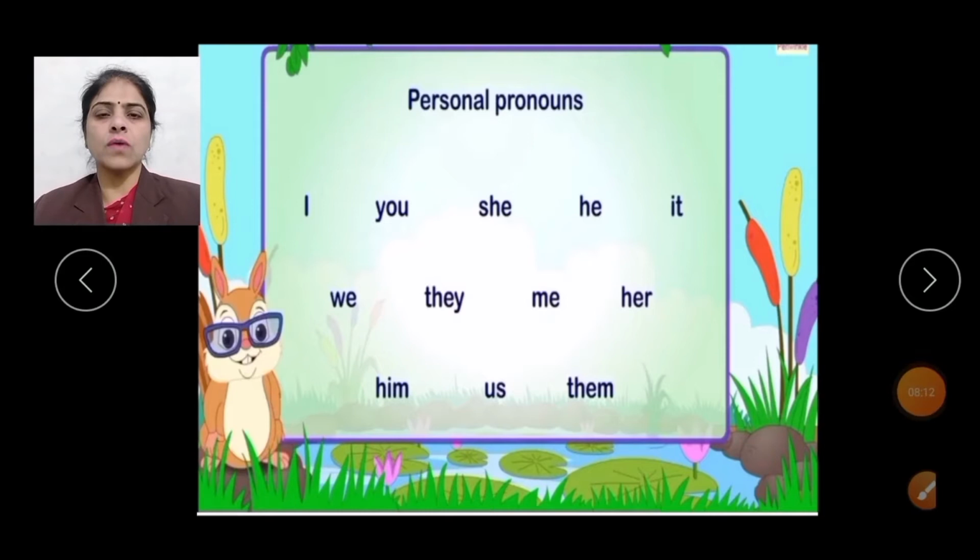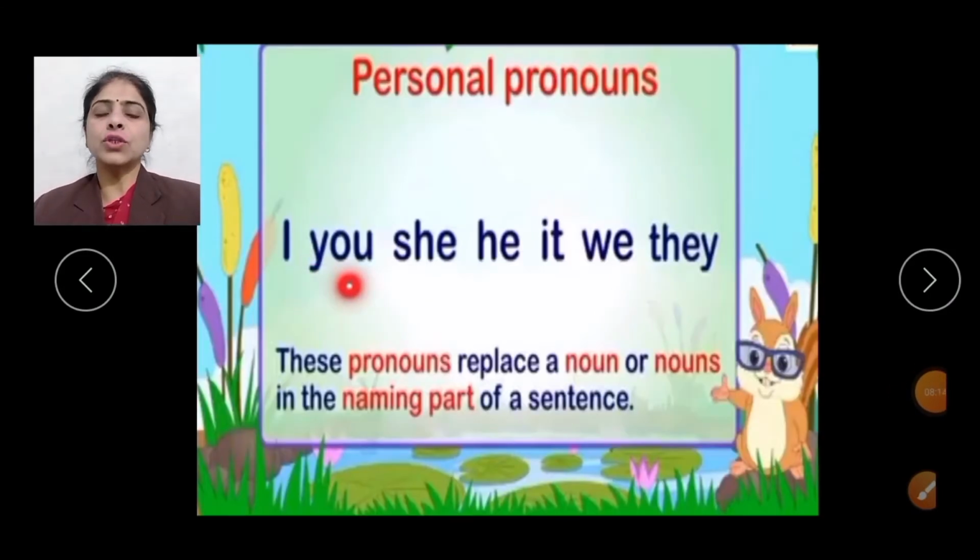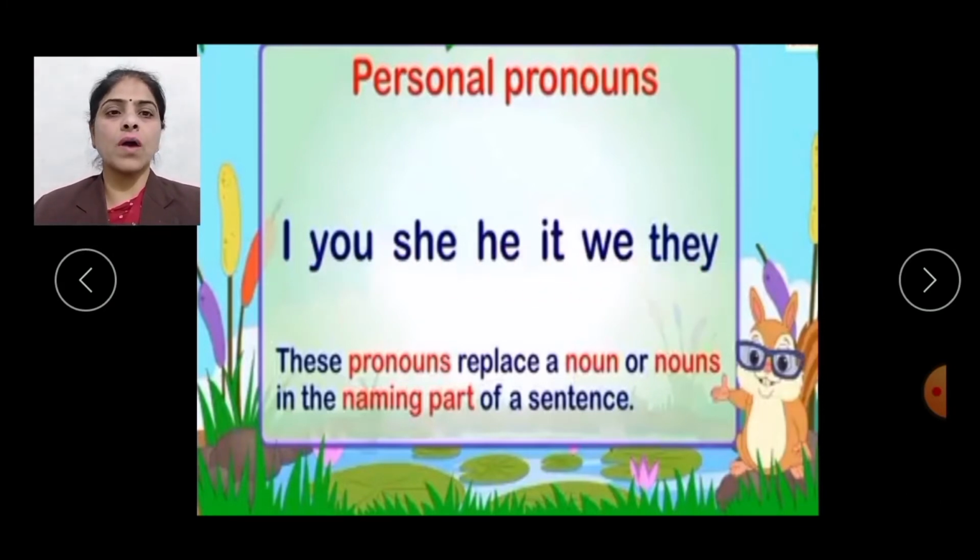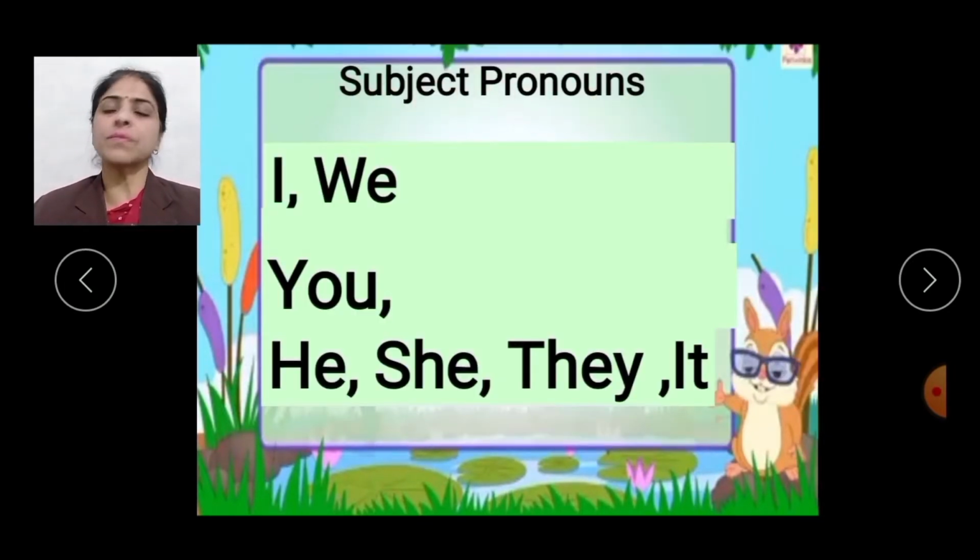Among these pronouns, I, you, she, he, it, we, and they replace a noun or nouns in the naming part, means subject of a sentence. As these personal pronouns are used at the place of subject, that's why these are also known as subject pronouns.